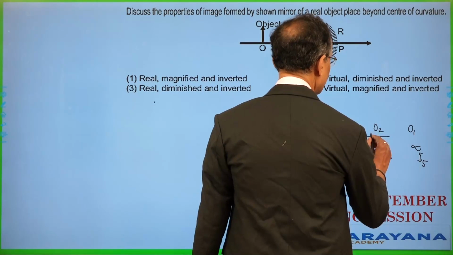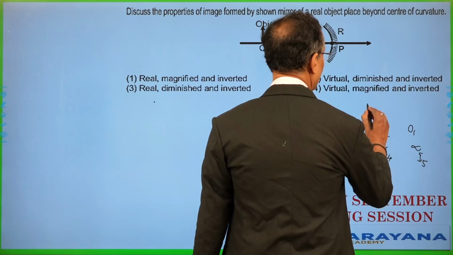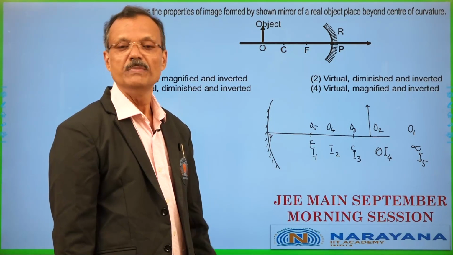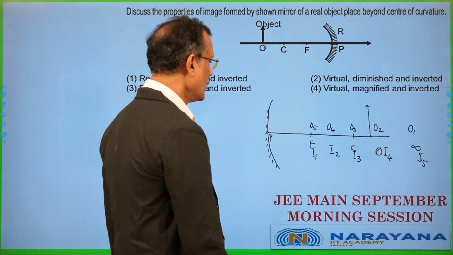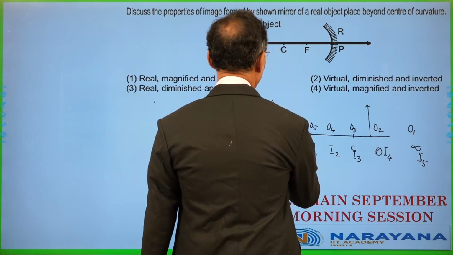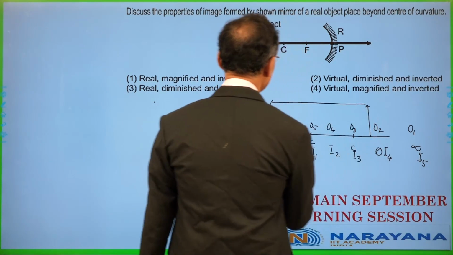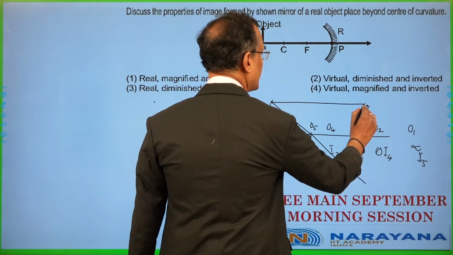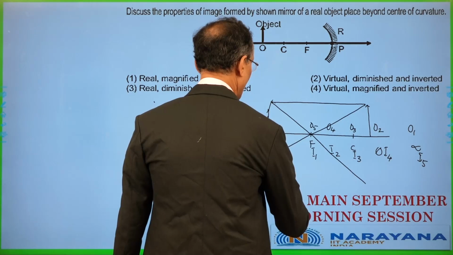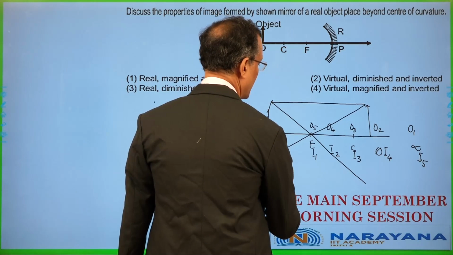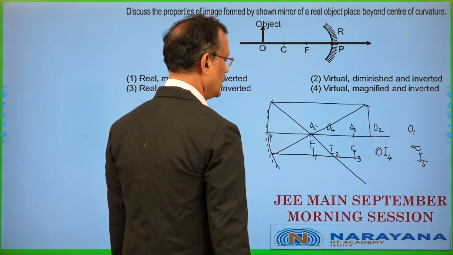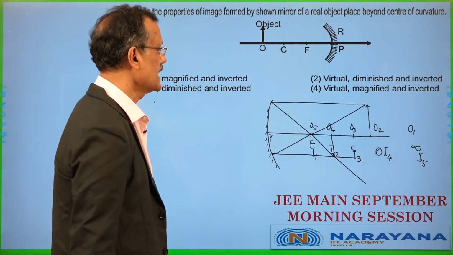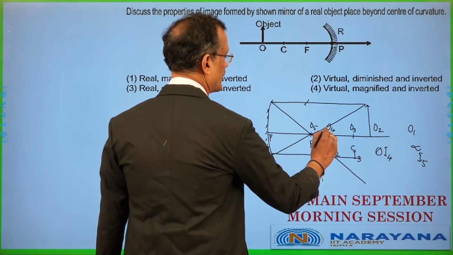So, if I am considering the object here, to form the image, what will you do? Minimum 2 rays you will take. One ray you take parallel, it will pass through the focus, and the second ray you take passing through the focus, it will become parallel. You are getting the image here in between focus and center of curvature.